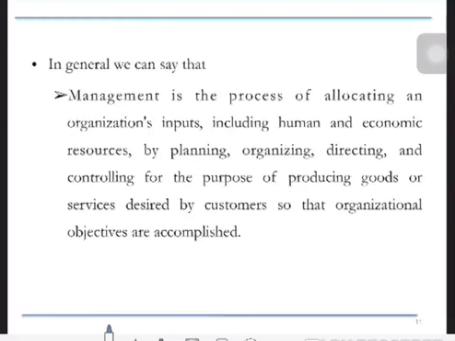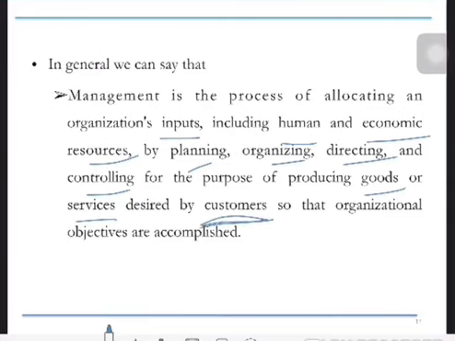In general, we can say that when you say management, it is the process of allocating an organization's inputs, including either human or economic resources, by planning, by organizing, by directing, and by controlling, for the purpose of producing goods or services desired by customers, so that organizational objectives are accomplished.